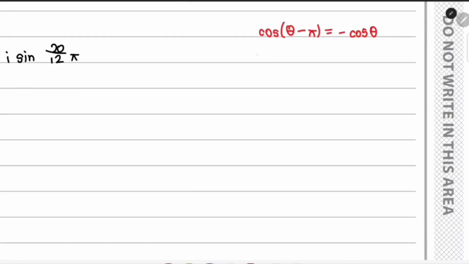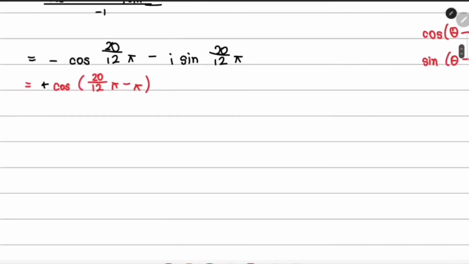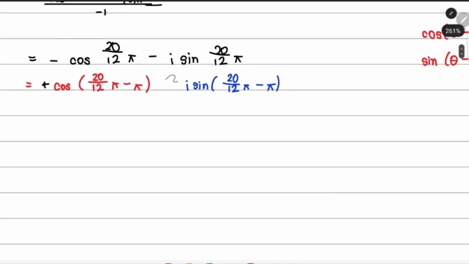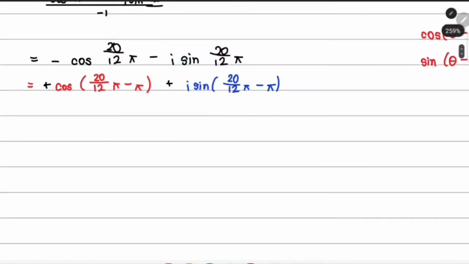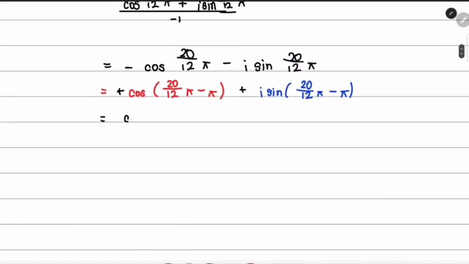The same identity holds. So sine theta minus pi is the same as minus sine theta. So I can do the same for this. I get plus i sine 20 by 12 pi minus pi. Basically I get a minus from before and a new minus. This becomes a plus. So finally I get cos 2 pi by 3 plus i sine 2 pi by 3.